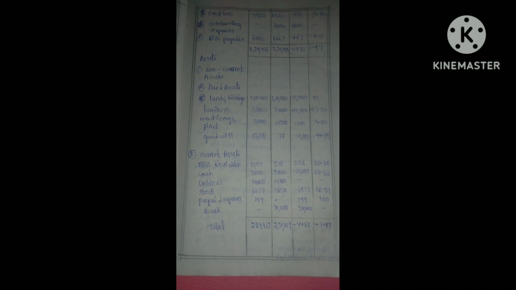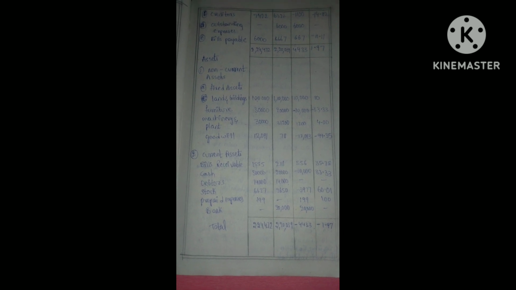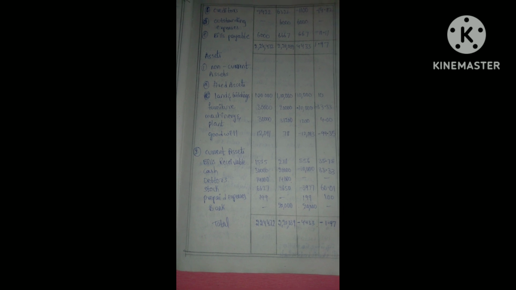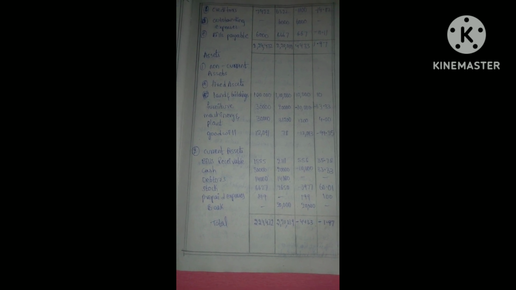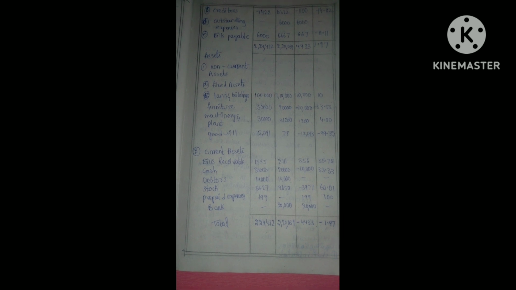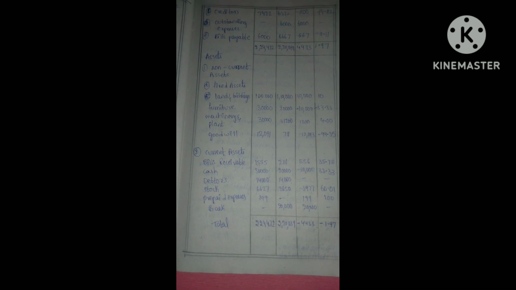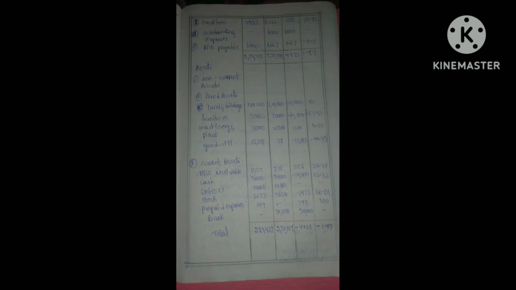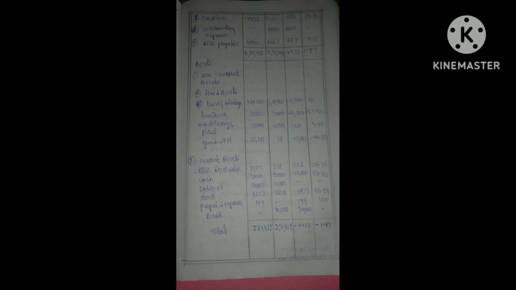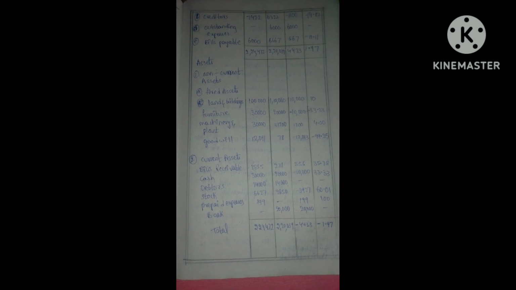Next we will calculate current assets. In current assets we have bills receivable, cash, debtors, stock, prepaid expenses and bank. So for bills receivable we will get absolute change is 556 and percentage change is 35.75, and for cash we will get minus 10,000 and percentage change is minus 33.33, and debtors we have nil. And for debtors we don't have absolute change and percentage change, so keep it as nil.